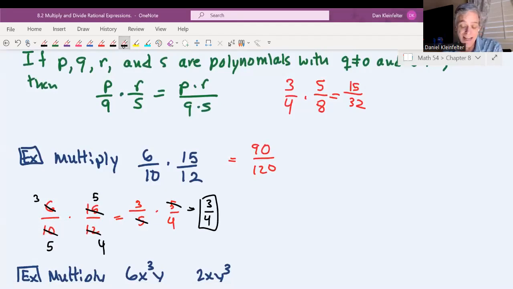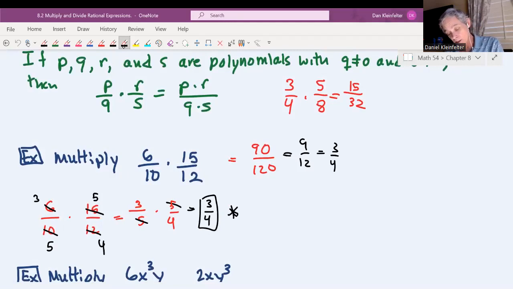Of course, this is the same as what you'd get if you multiplied across, getting 90 over 120, and then simplified that to 9/12, which simplifies to 3/4 as well. So that's great, but as we'll see with a lot of algebraic problems, simplifying along the way is going to save you work in the long run.